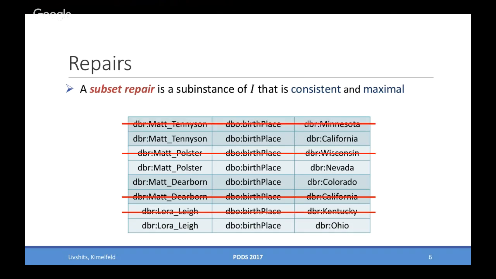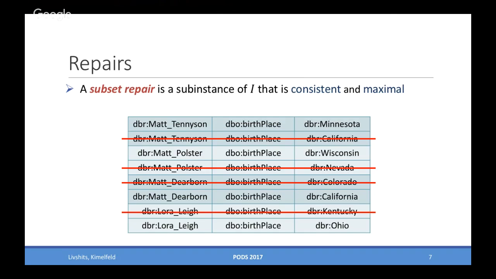We can remove these facts and get one possible repair, and we can also remove these facts and get another possible repair of the same inconsistent database. Every inconsistent database may have many possible repairs, and if we want, for example, to return the consistent answers, then we must consider all of them.